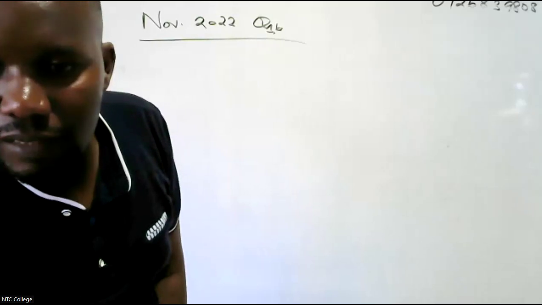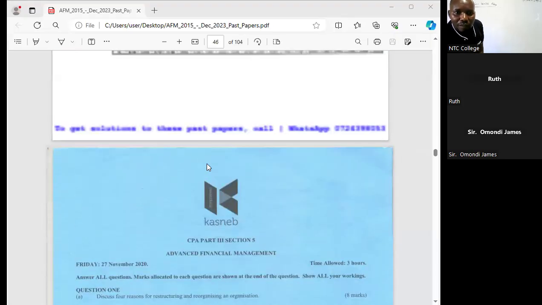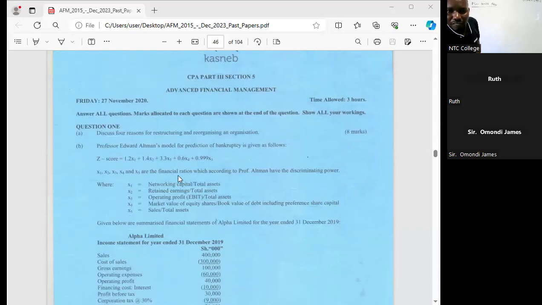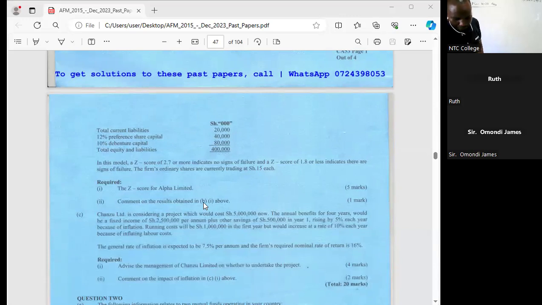So our next illustration is November 2020, question number 1B, where we have the Z-score as given below. So we are told to calculate the Z-score. So Z-score, we write it first.